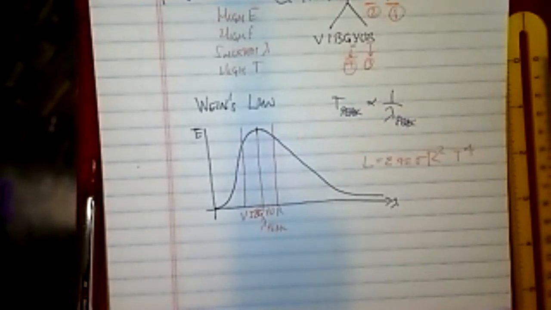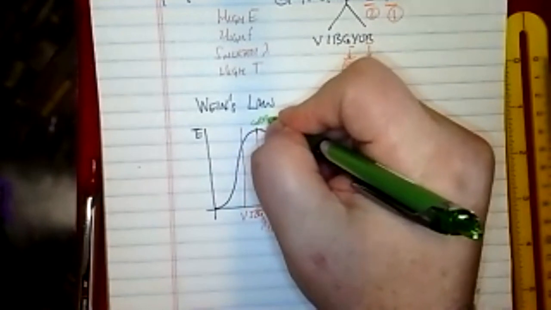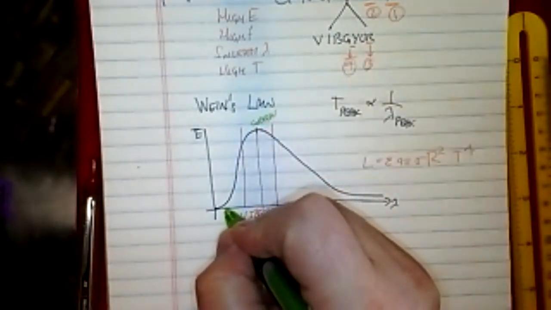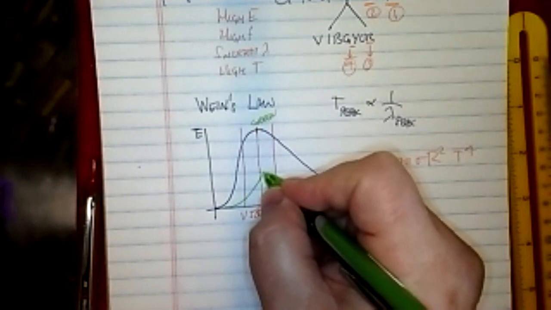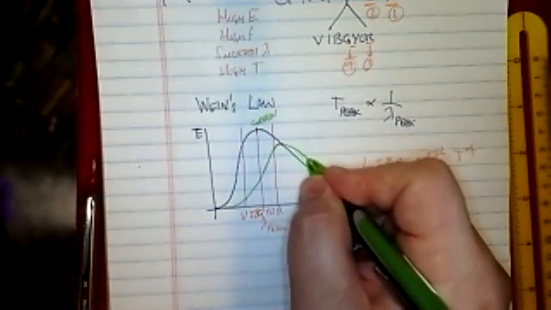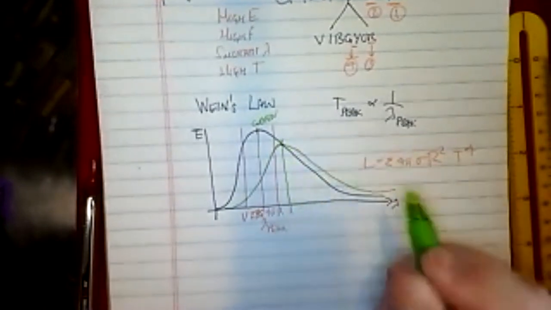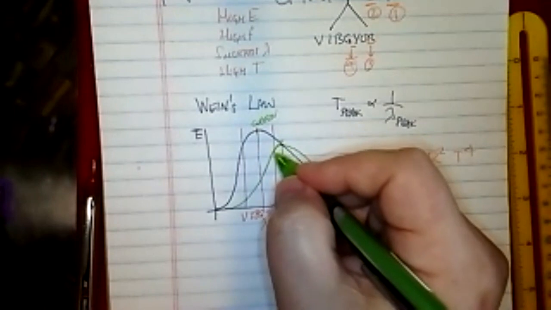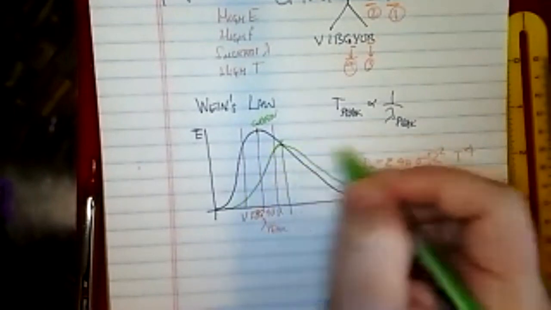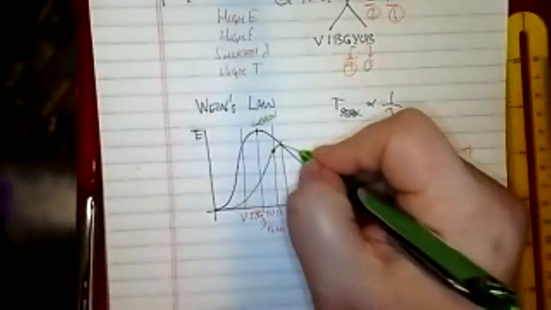But what if instead our star looks like this? Okay, well, then the peak is out here, so we have to revert to the highest part of this curve that's in the visible spectrum. So this star, in fact, would appear red.